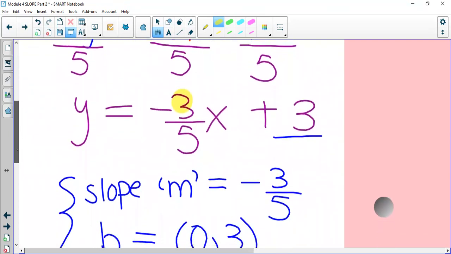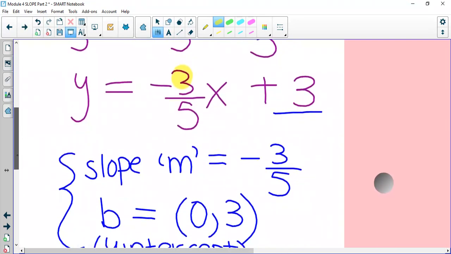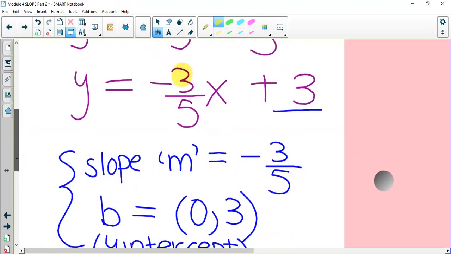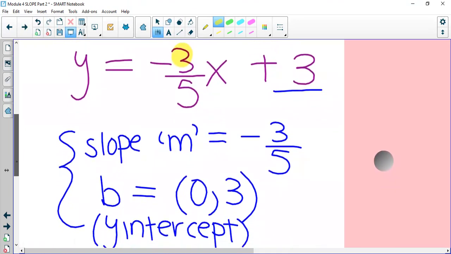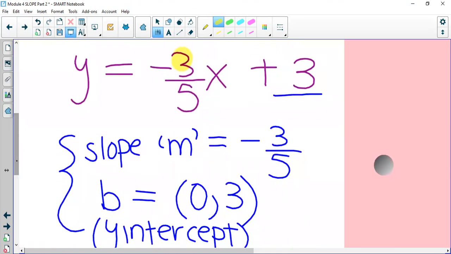When I divide everything by 5, I can state that the slope is equal to negative 3 over 5. And my y-intercept is equal to 3, the point (0, 3). So my rise, I have to go down by 3, across by 5 in order to plot this. My slope, rise over run.